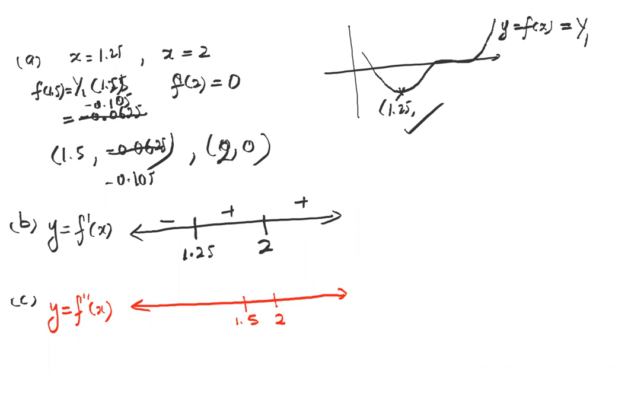If you look at the graph here, until this point, the graph is smiling to you. You see it smile? So it's positive or negative? The shape is concave up. Your mouth goes up. So it's positive.